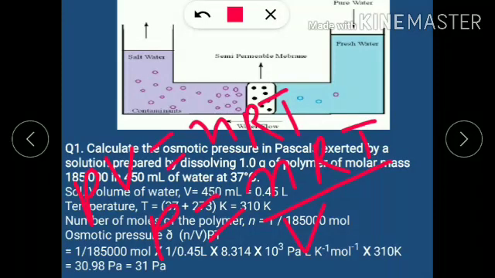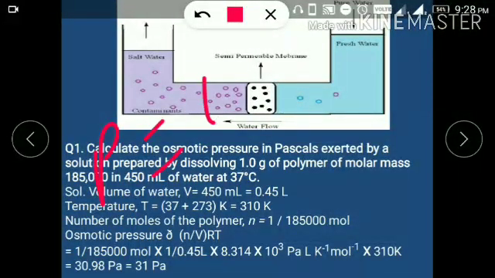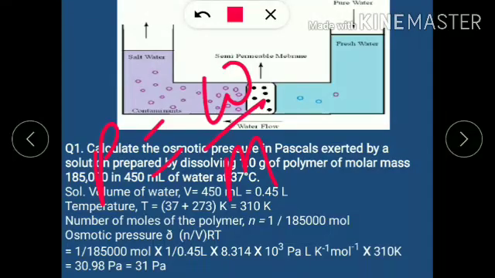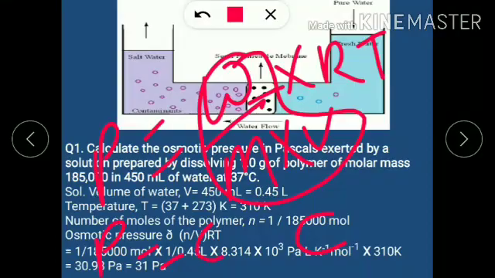What is the meaning of n? It is mass upon molecular mass, because this is the mole. Then the formula becomes P is equal to mass upon molecular mass into V into RT. This term is called C, concentration. Then P is equal to CRT.